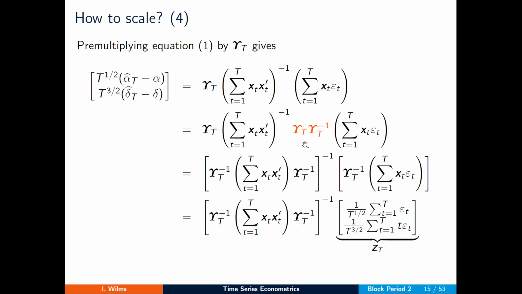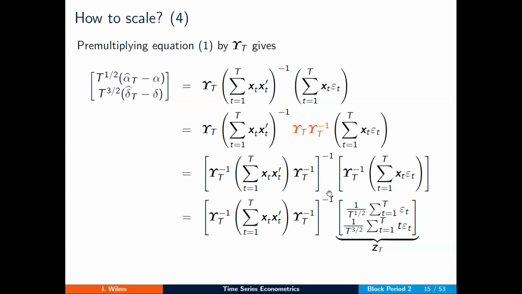Then I pull in these scaling matrices inside of the inverse. This one goes here, this one goes here, and that one goes over there. Of course, I can insert them into this inverse if I also invert them. And note that this one here simply goes to the second term.